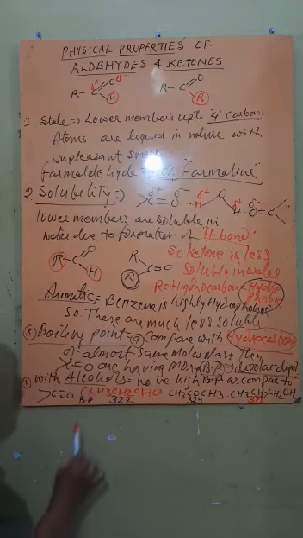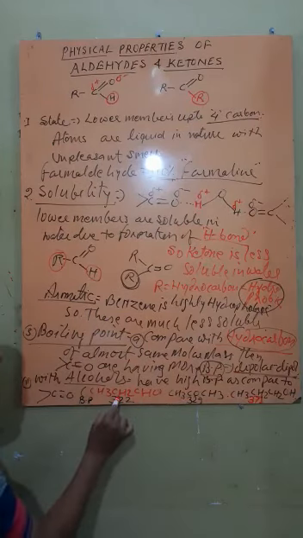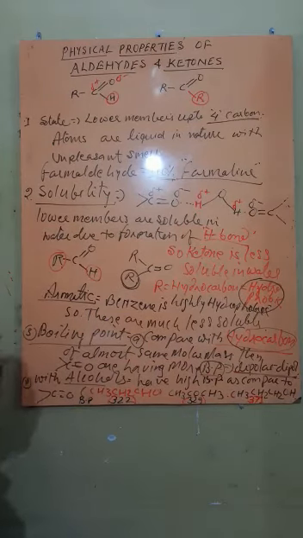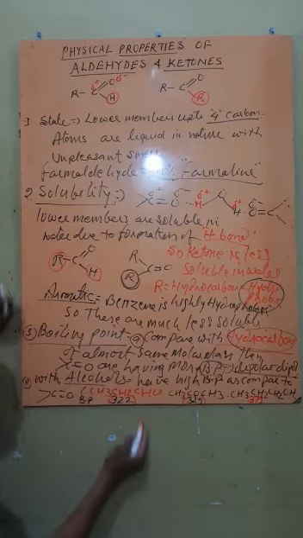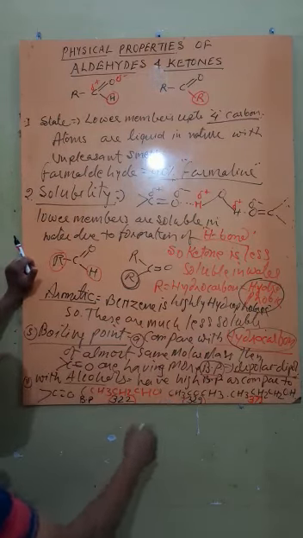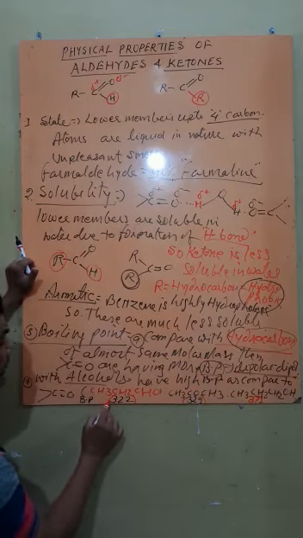Now if you talk about the boiling point comparison between aldehyde and ketone, look at it, the boiling point here is 322 and here the boiling point is 329 Kelvin. That means 7 Kelvin more. What is the reason? In acetone, or in ketone, the dipole moment is a little high as compared to the dipole moment in propionaldehyde.